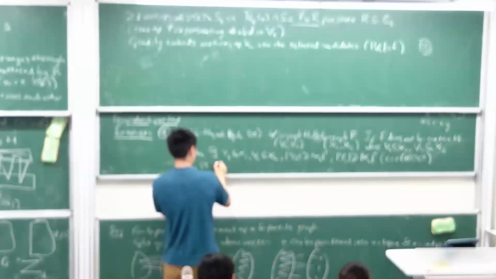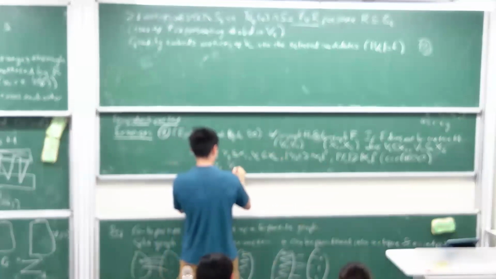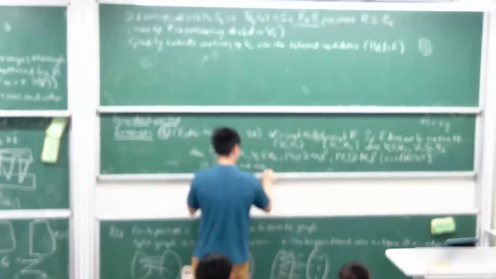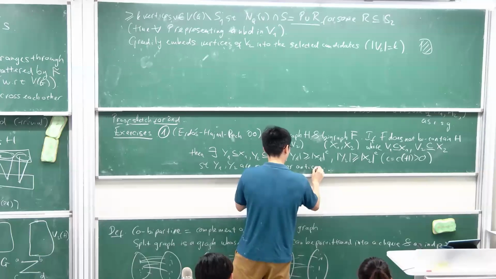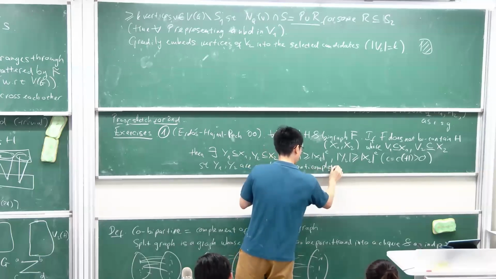such that Y1 and Y2 are complete or anticomplete to each other.